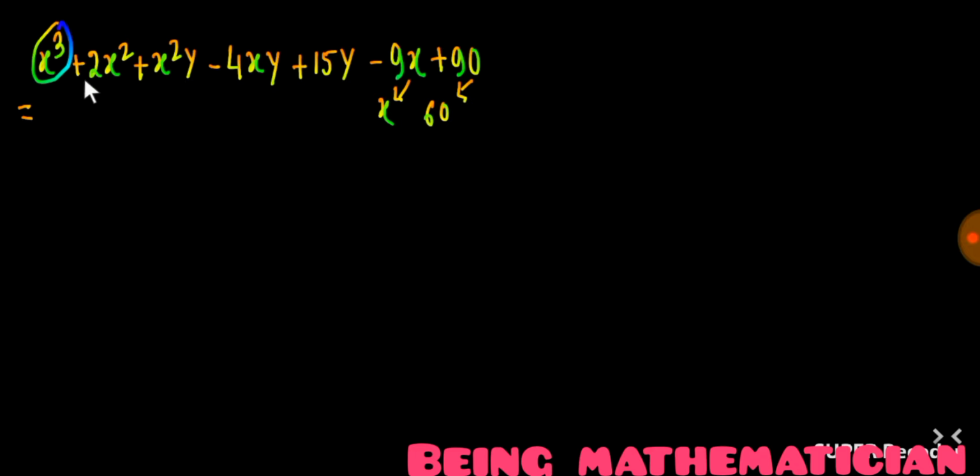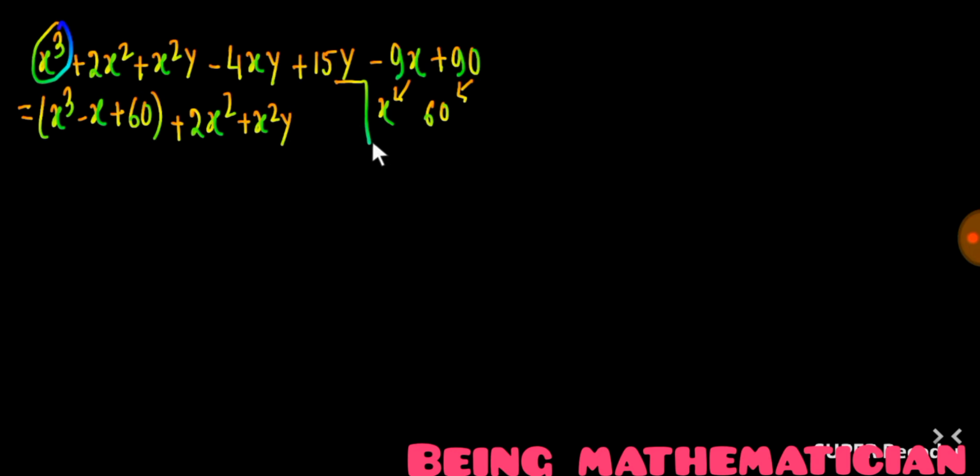Now we adjust the remaining terms, that is 2x square plus x square y minus 4xy plus 15y minus 8x plus 30. So this is the term where we apply zero factorization.